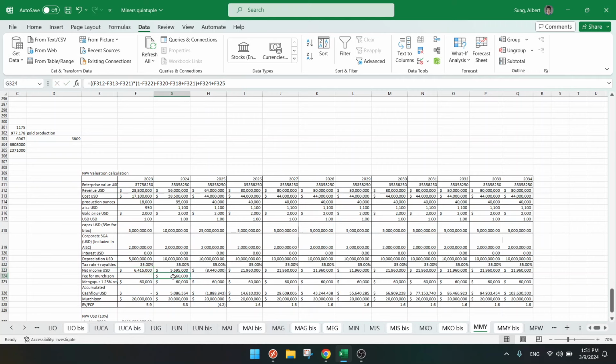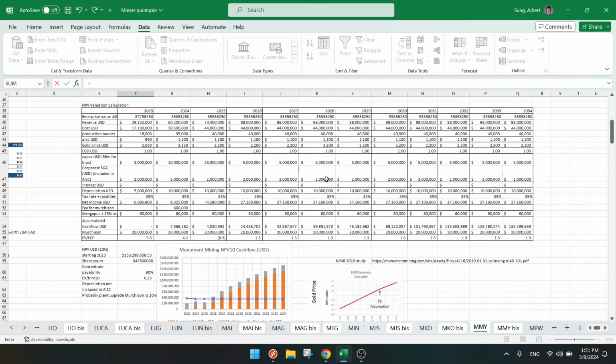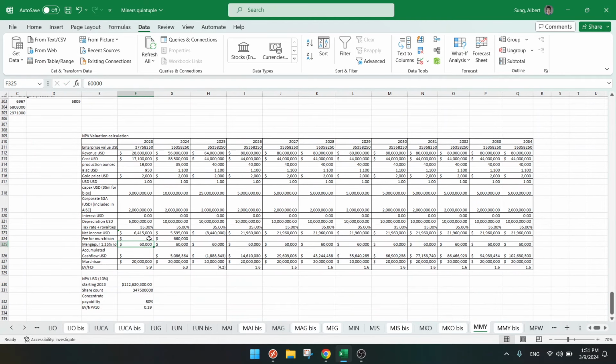And then Murchison, okay, this can be referring to master chart. Mangapore royalty, yes, master chart. And then cash flow using these net incomes, yes, that's good.